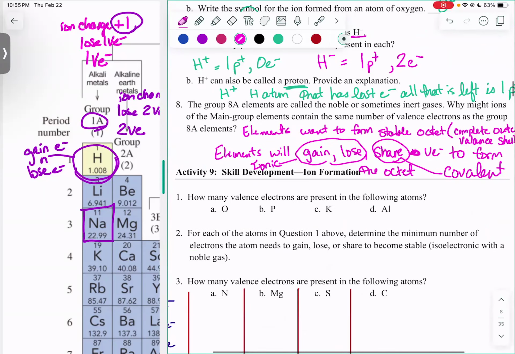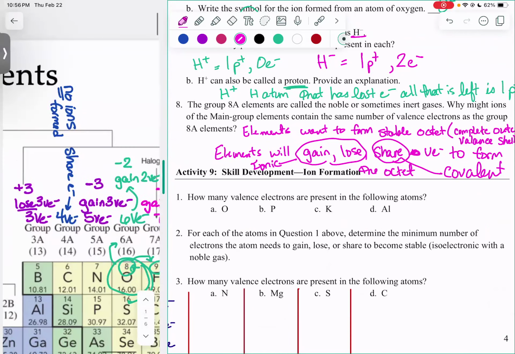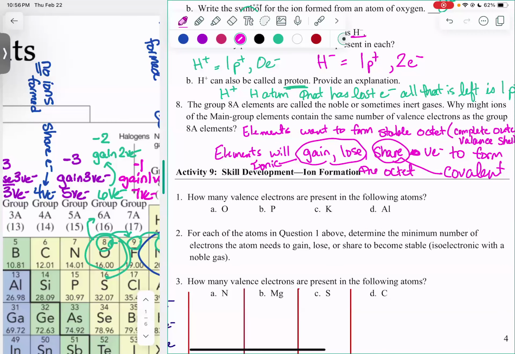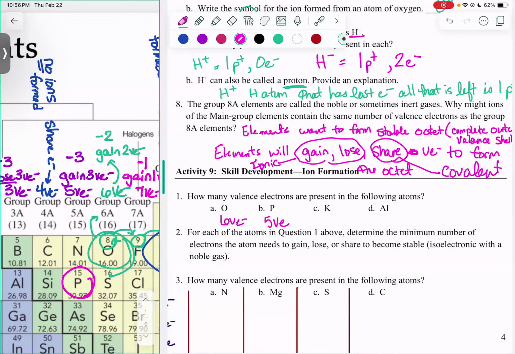So how many valence electrons are present in the following atoms? Oxygen is in 6A, so you're going to have 6 valence electrons. Phosphorus, we're going to have 5 valence electrons because we are in group 5A.